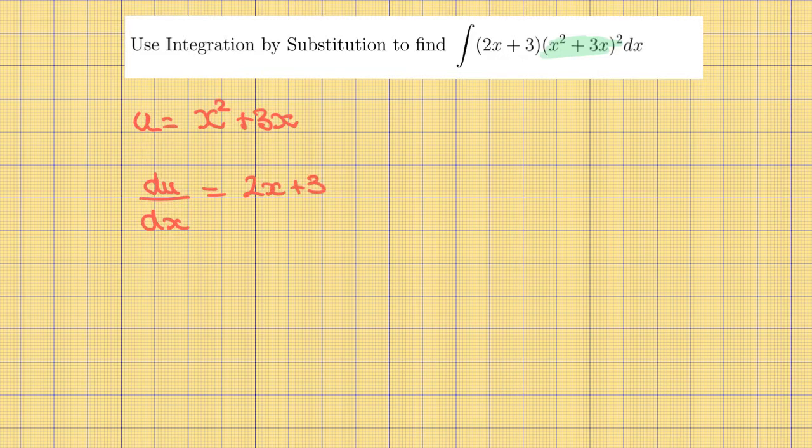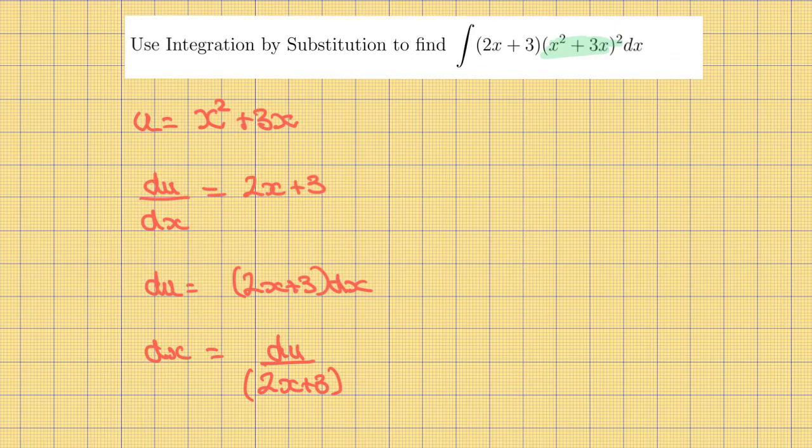We can now rearrange to find dx. So du equals 2x plus 3 dx. So dx equals du over 2x plus 3.